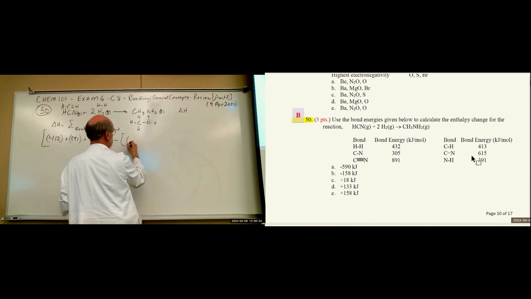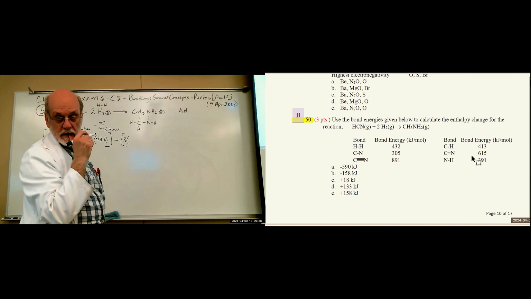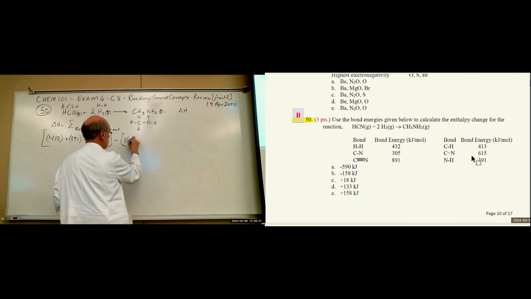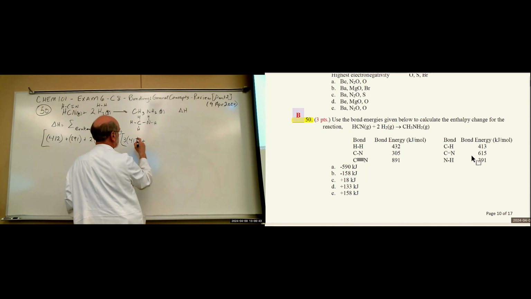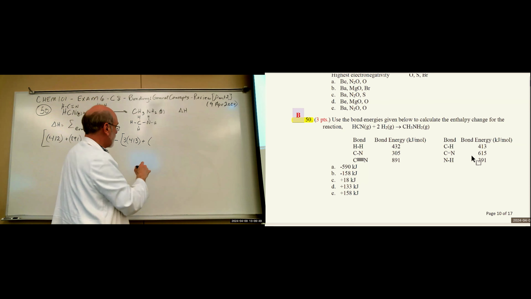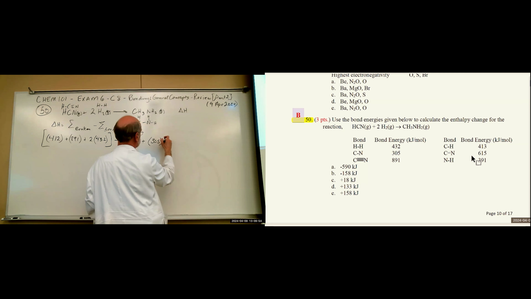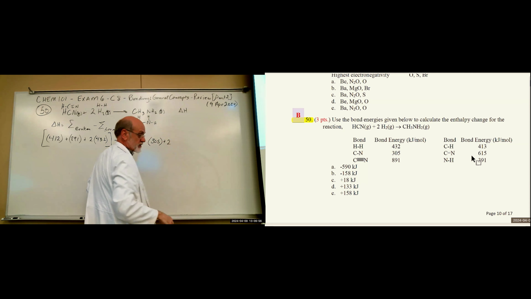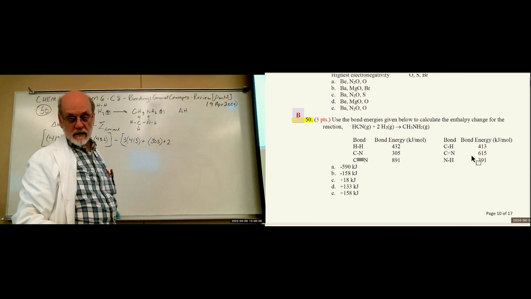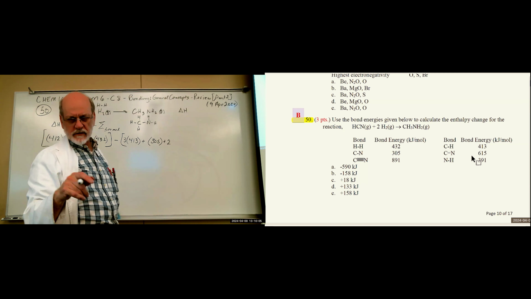We've got 3 of those, 3 carbon-hydrogen bonds, 413. Okay. And then we're going to add to that a carbon-nitrogen bond, 305. And then we've got 2 nitrogen-hydrogen single bonds. There it is, 391.